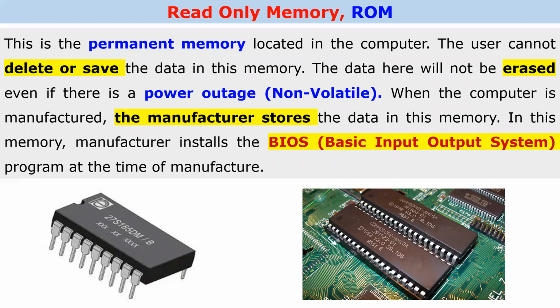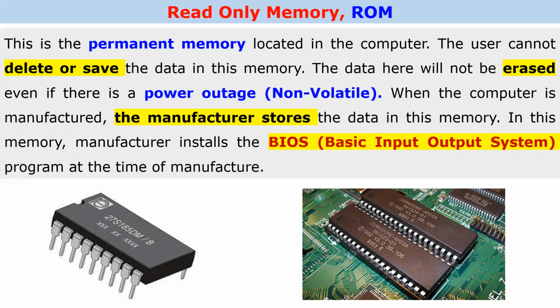ROM is a separate type of memory. Normally we can't access the ROM, and we are not able to store data inside the ROM as users. Only the manufacturer feeds data to the ROM at the time of manufacturing the computer.